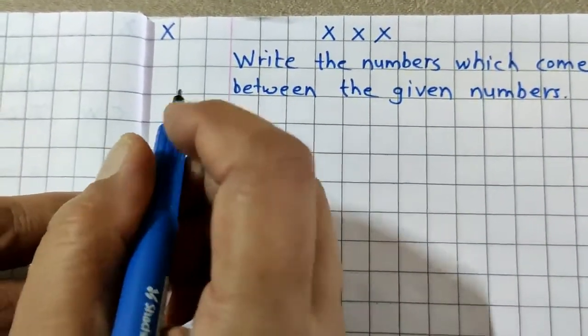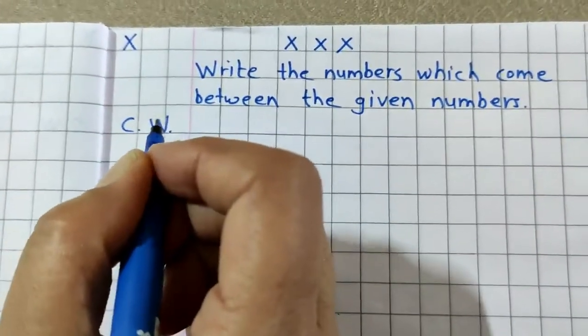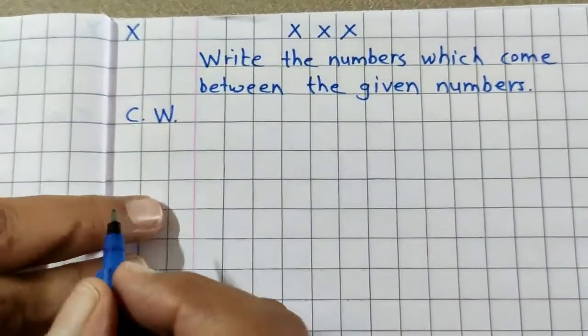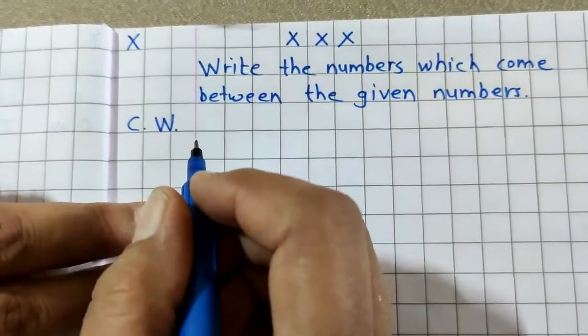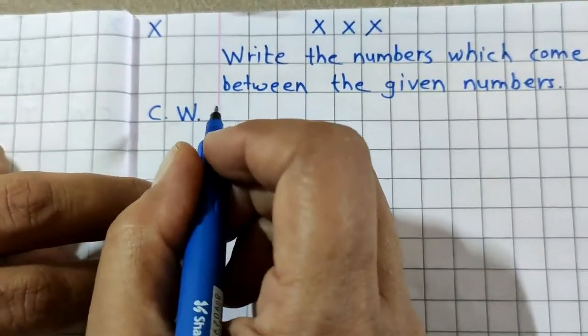Now you have to write CW in the margin and you have to write TO 3 times after the margin line.